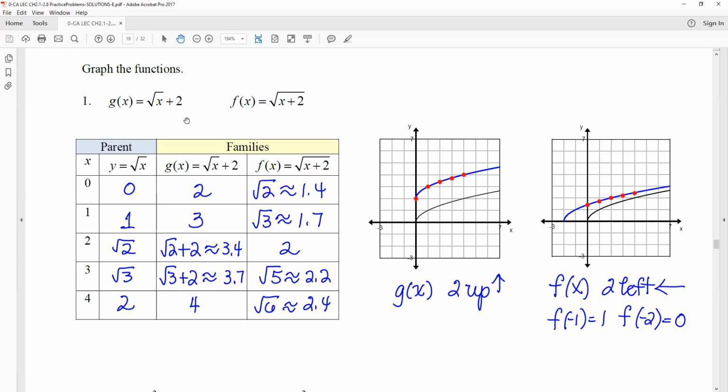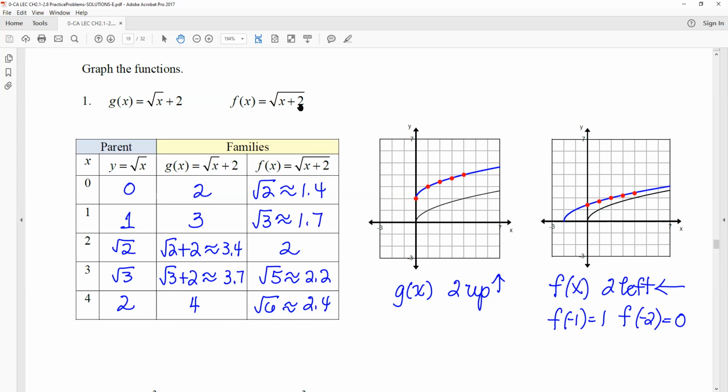If you understand that the square root of x function is this black line, and that you're just going to move that black line up 2 spaces everywhere, and then draw the new line, as far as I'm concerned, that's good enough.